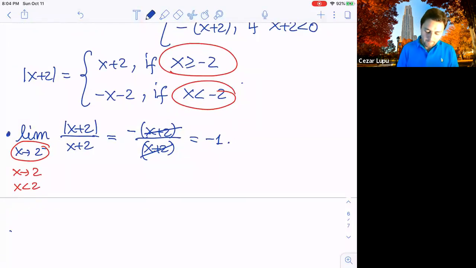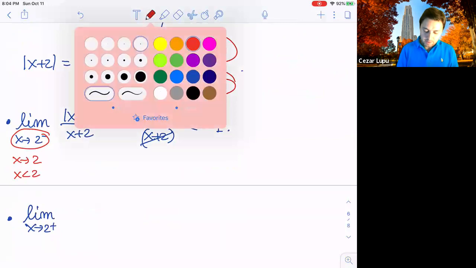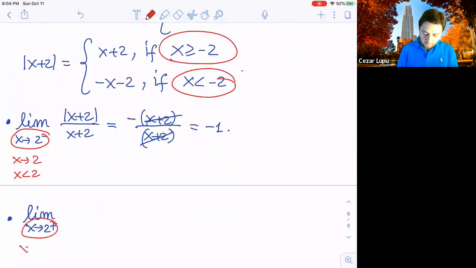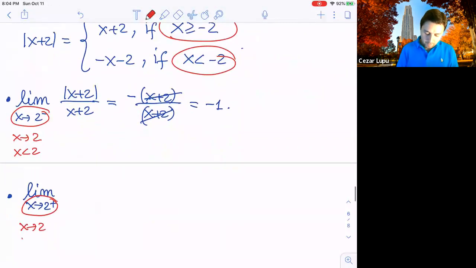And the second one, the limit as x approaches -2 from the right. Let me say this again. For values greater than -2 of the same quantity, I'll have the absolute value of x plus 2 over x plus 2.